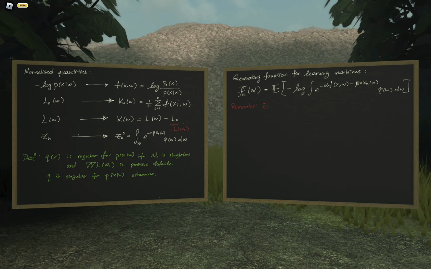So that expectation means... in the paper it says that it's an expectation over data set. So the data set features in here, right? The data set goes into constructing that Kn variable. So that Kn is a random variable of the data set.